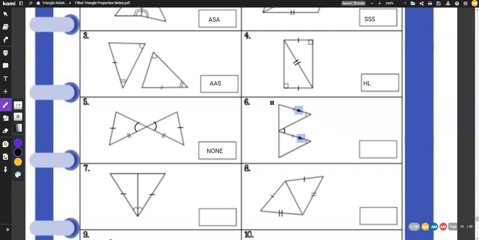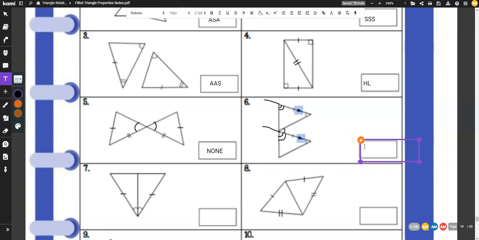It also tells me that if I were to extend these lines out, then this angle and this angle are now corresponding angles and are therefore congruent. And we have angle, side, angle. So parallel lines are important to remember our relationships.